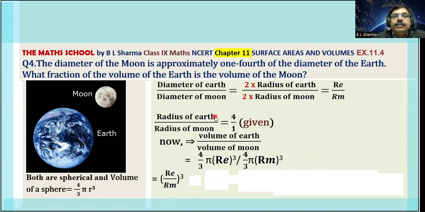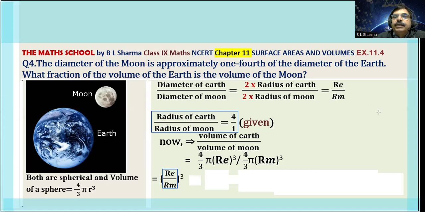But radius of earth to radius of moon is given as 4:1. So in place of radius of earth to radius of moon, we can write 4:1.